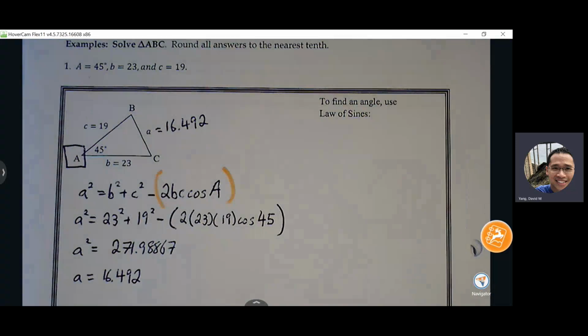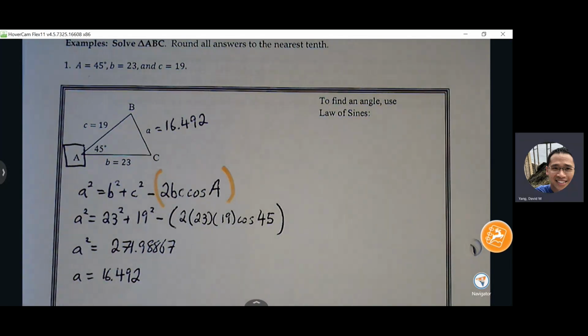Yes, question. On the quiz, if we forget to do that, will you take off points for it? Probably not. But it just allows you to get as accurate a reading as possible. So if you have your calculator, take advantage of that feature.